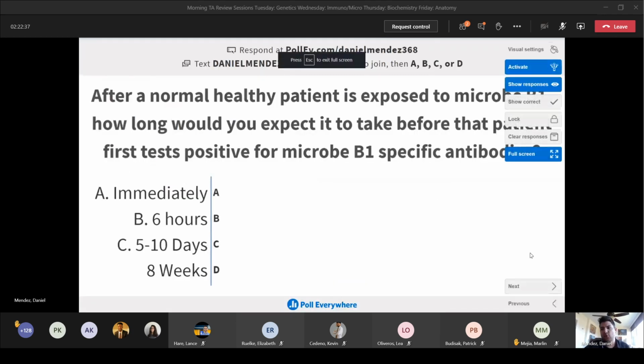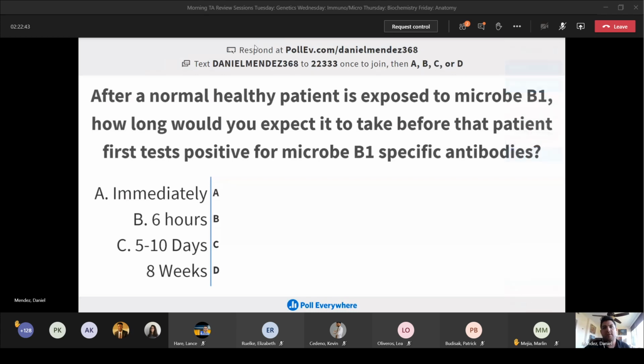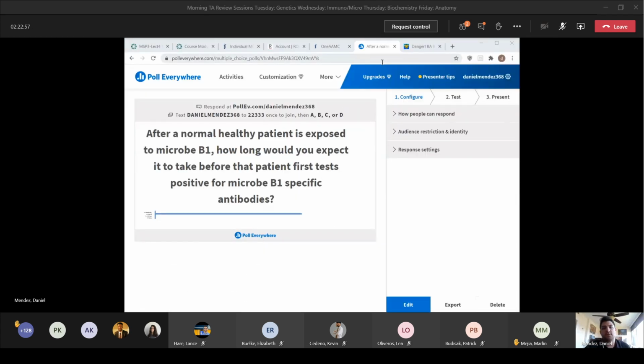If you can, please log into Poll Everywhere. I have here at the top, you can either text that number or respond on that website. The question should already be active, so you can enter it.